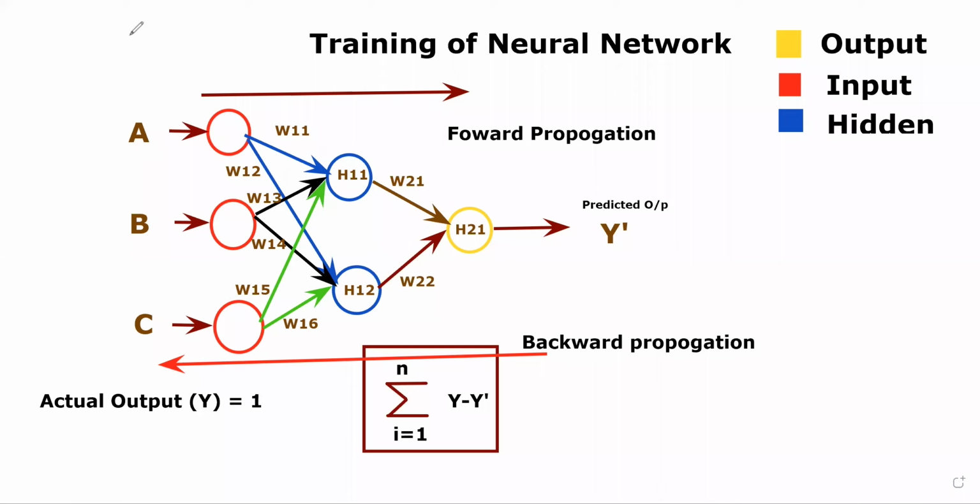The input will be passed to our neuron, further passed to our hidden layer, and further passed to our output layer.